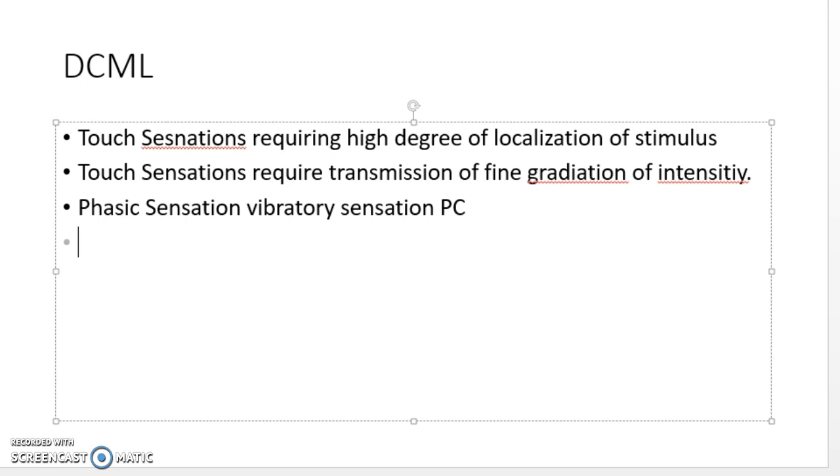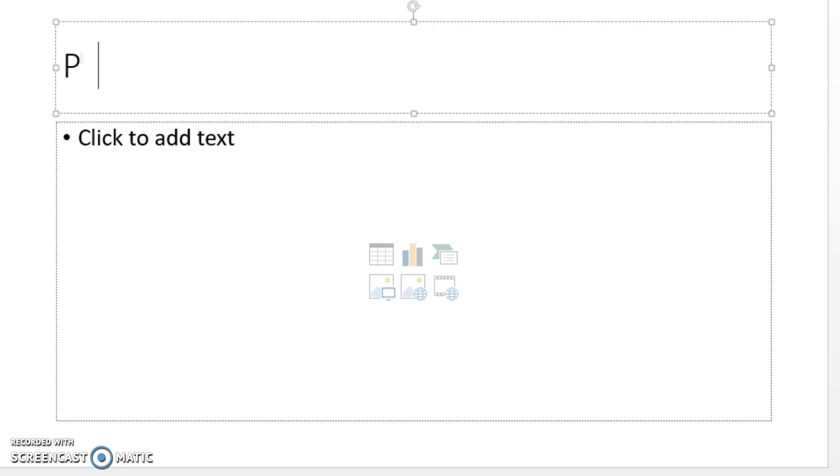Now, what else do I need to talk about? The position sensation of joints. Again, a point of proprioception, like I said previously. And what am I missing? Pressure? Yes, pressure.